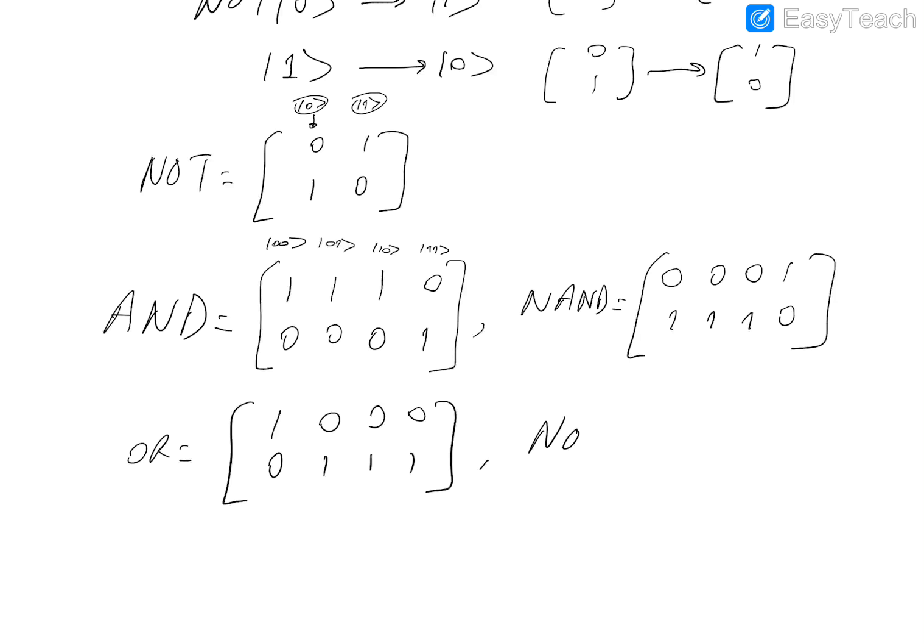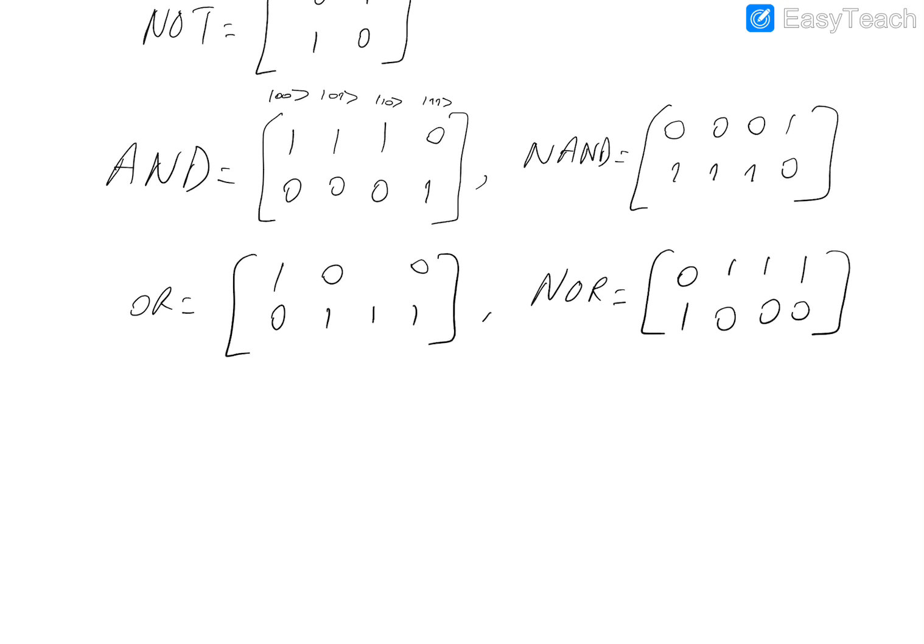NOR is the negation of this matrix, so it's 0, 1, 1, 0, 1, 0, 1, 0. Exclusive OR, that's bitwise addition modulo 2. It's 1, 0, 0, 1, 0, 1, 1, 0.